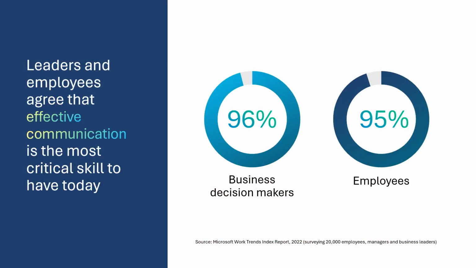Part of this is because communications is an essential part of change management, but we have a lot of research that shows that one of the number one skills agreed on by both business decision makers and by the employees, kind of the rank and file information workers like myself at an organization, is that communication is one of the most critical skills for the success of an organization. No matter what you're doing, if a tree falls in the forest and you cannot communicate why that matters to your company, they won't be able to drive the business outcomes and alignment that you need to be successful.